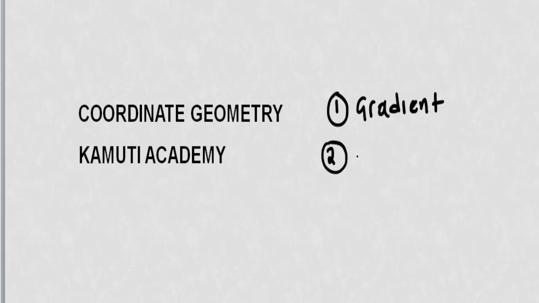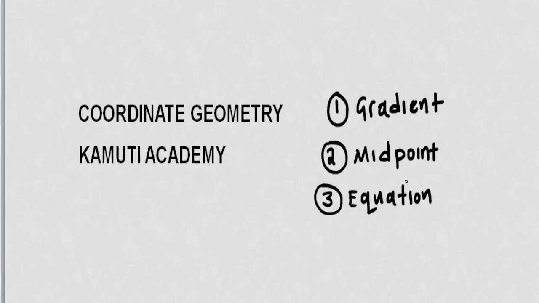What you must know after the end of this topic is, first, you should be able to find the gradient. Second, you should know how to find the midpoint. Third, you should know how to find the equation of a line.